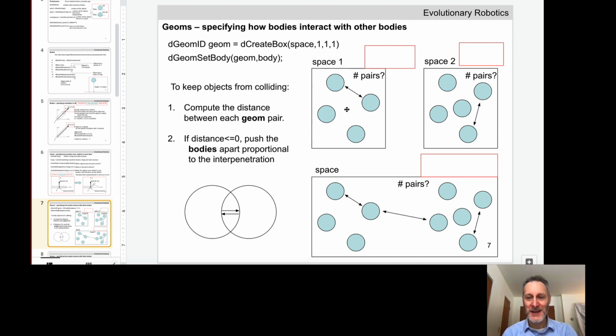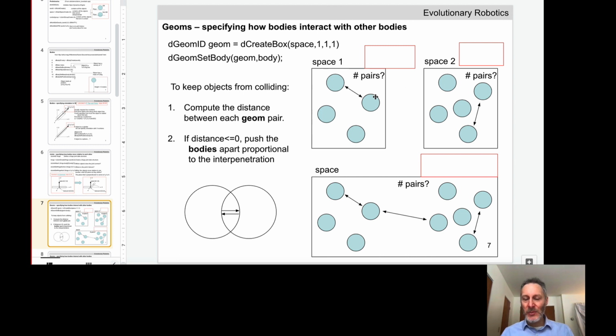If you have an idea, go ahead and type it into chat. Exactly. So 4 times 3 is 12, but we only need to consider half of those, so we only need to determine 6 collisions. How about space 2? Exactly. So 5 times 4, 20 potential collisions. We only need to consider half of those, so 10.